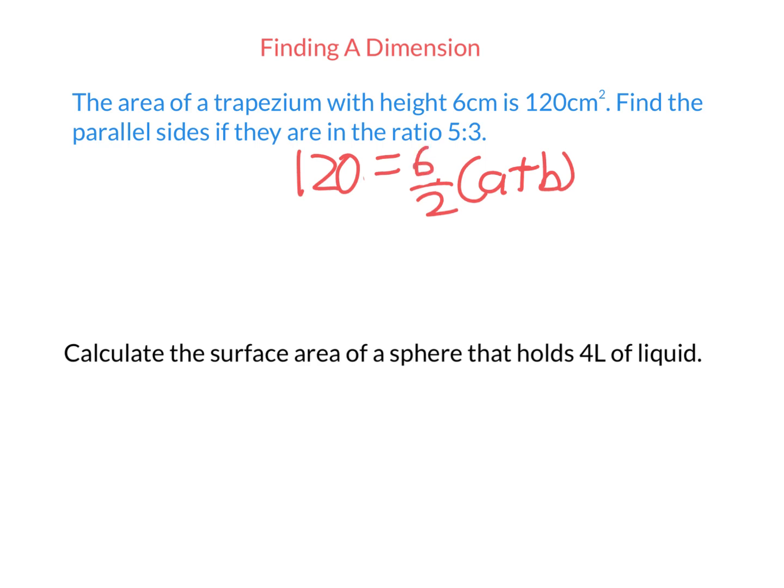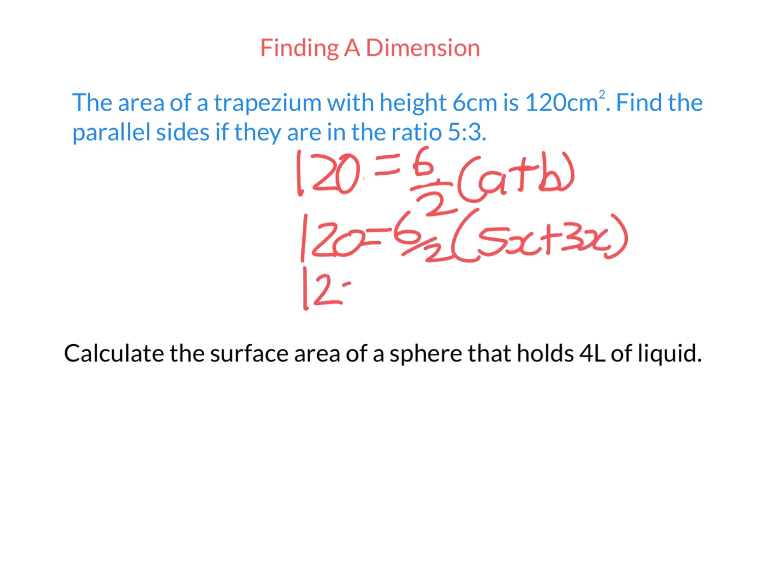So we have here an equation with 2 unknowns that we wouldn't ordinarily be able to solve. But because we know that the parallel sides, which are a and b, are in the ratio 5 to 3, we can solve this, because we can write these parallel sides as 5x and 3x, because they're in the ratio 5 to 3.